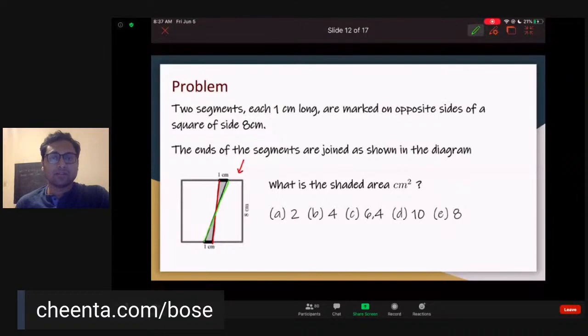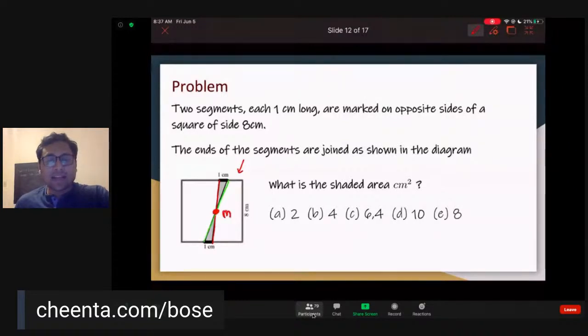This is the green one. So you have a segment which is red, and another segment which is green. You want to join these 2 segments and figure out what is the area of the shaded region. To do that, you have to start with this particular point M.